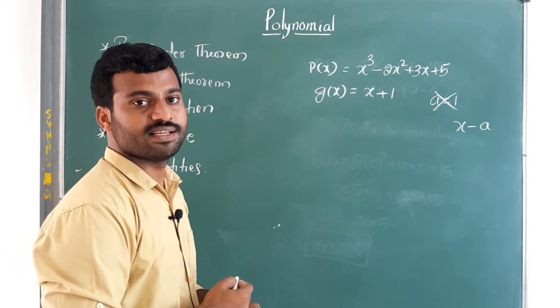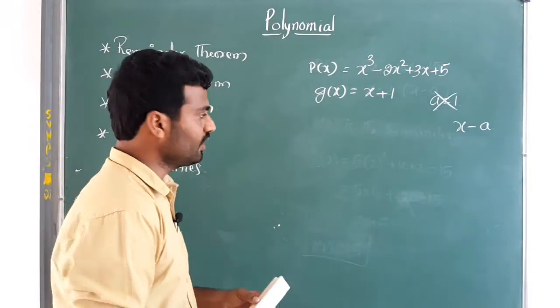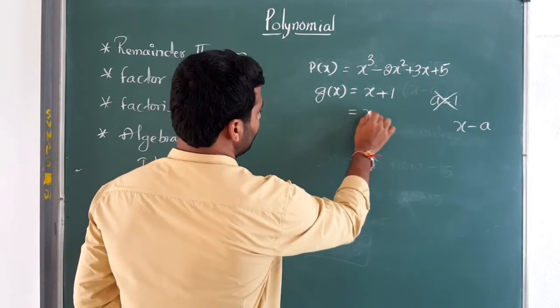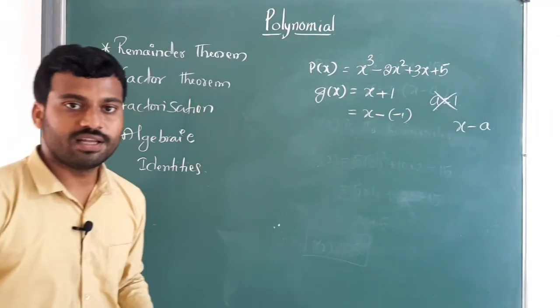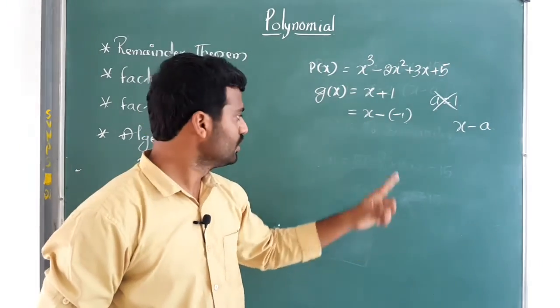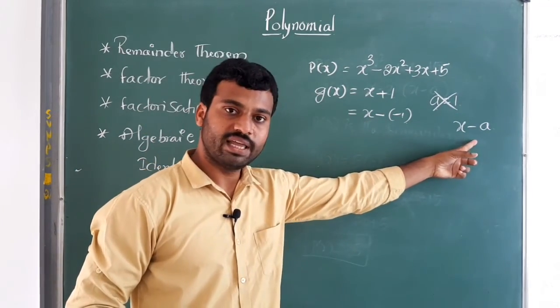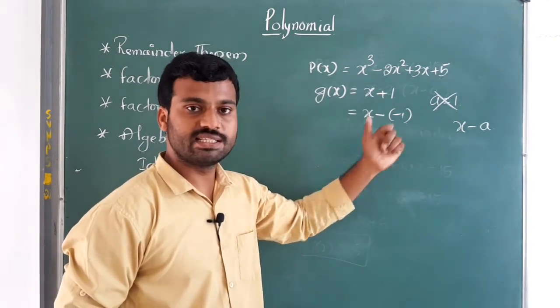But here plus is there. So I will do a small modification: x minus of minus 1. Minus into minus is plus, correct? Now it is in the x minus a form. What is the a value? The value inside the bracket, minus 1.